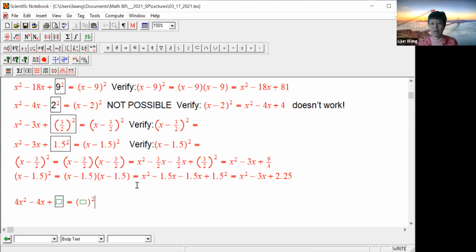4x squared minus 4x plus what to make a perfect square of what? What we have seen so far, there's just x squared on the first term. Now I have a 4x squared.